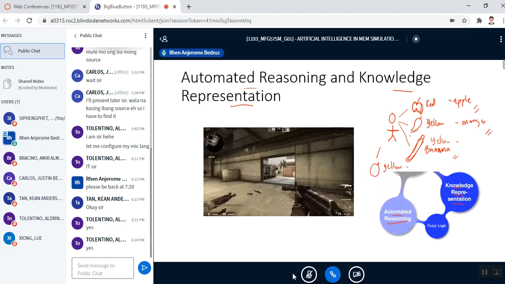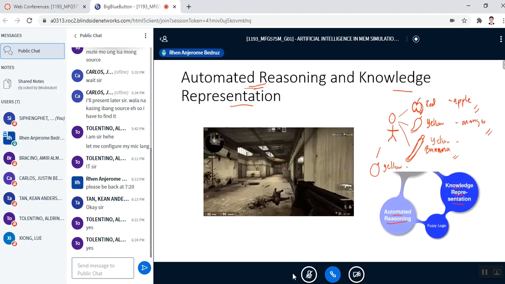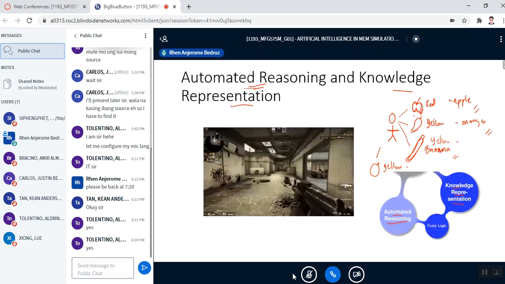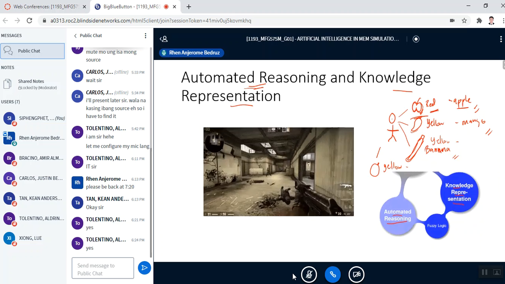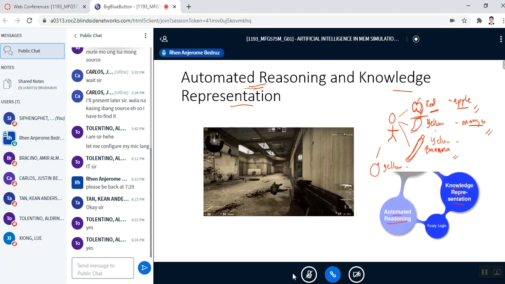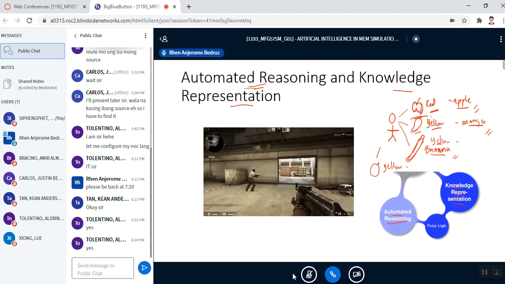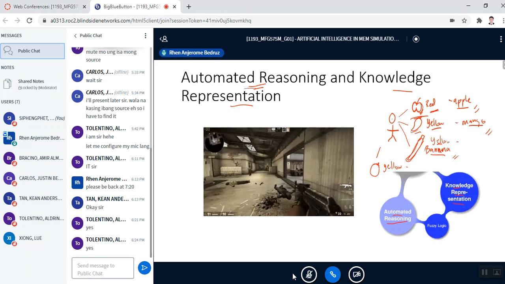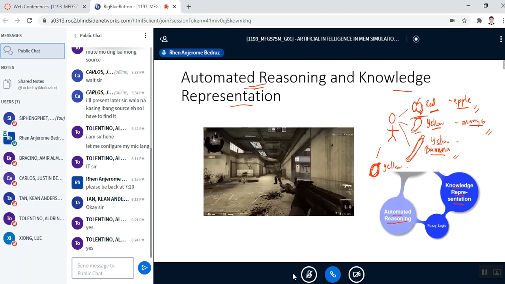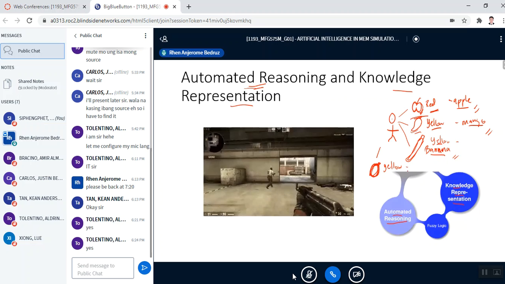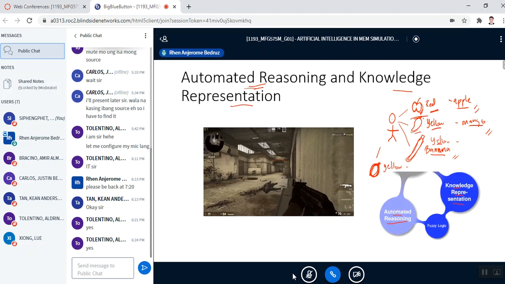Knowledge representation represents each fruit by its characteristics. Apple is circular and red. Mango is heart-shaped and yellow. Banana is yellow and long. Now if I am given a circular fruit that is yellow, it's not part of what I know, so it's not part of my knowledge.